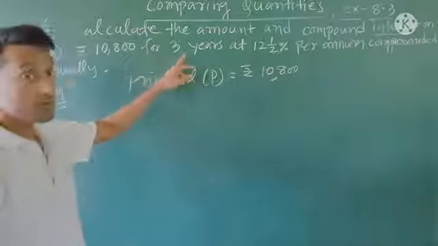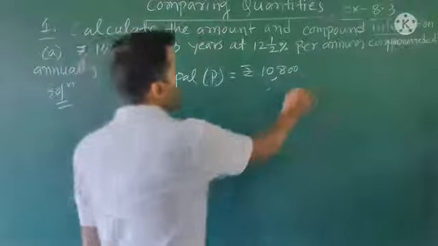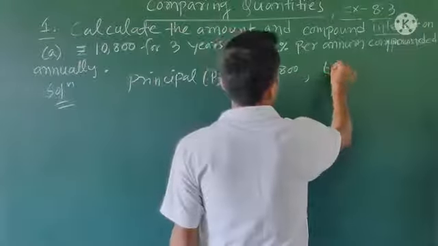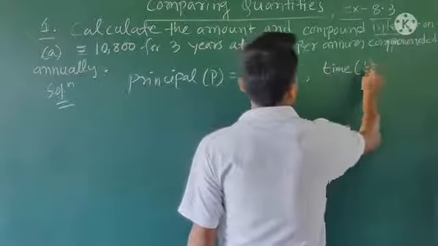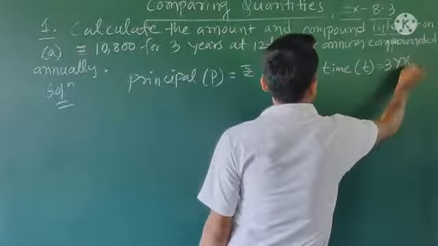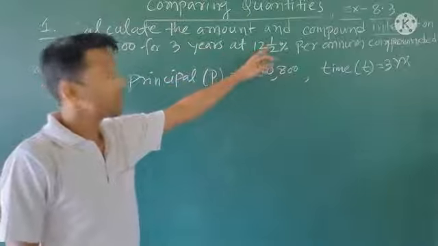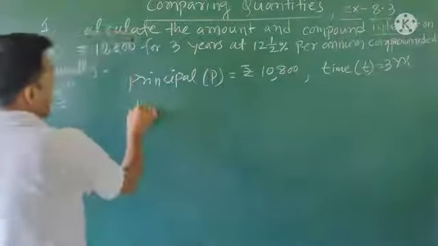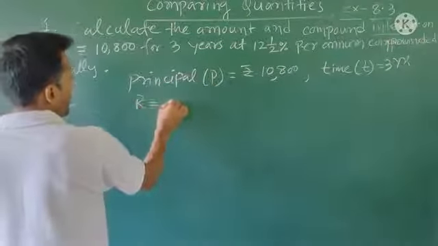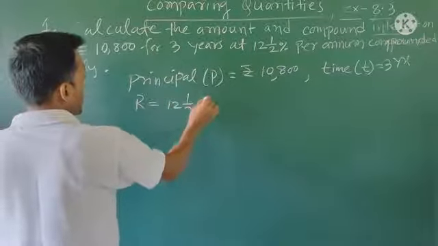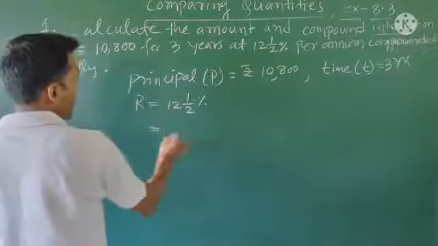For how many years? 3 years. That means time T is 3 years. At a rate of interest of how much? 12½%. Rate of interest is 12½%. So it is a mixed number.